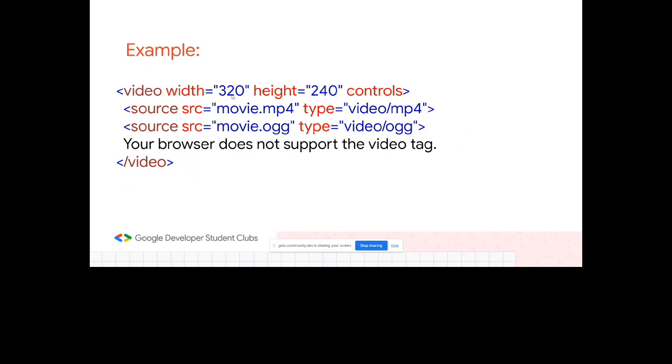Here, width indicates the width of your video, and height and controls: you might observe some pause and play buttons on videos, so those can be done by using the controls attribute. And as I said, source is another tag by which you can include your video, and we can include the type of the video, like video mp4 or ogg or any type of file.